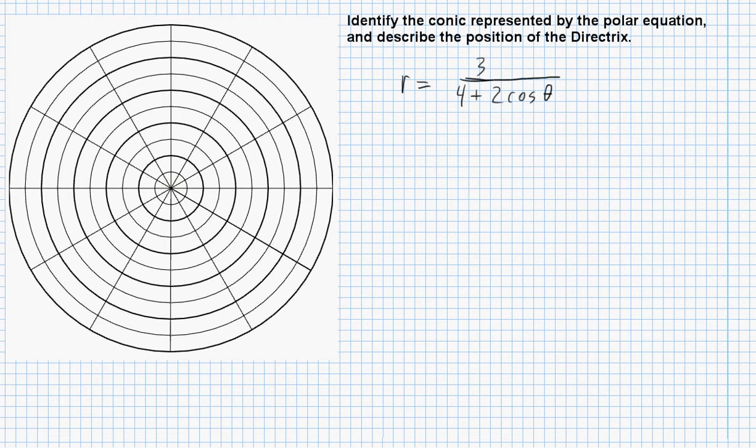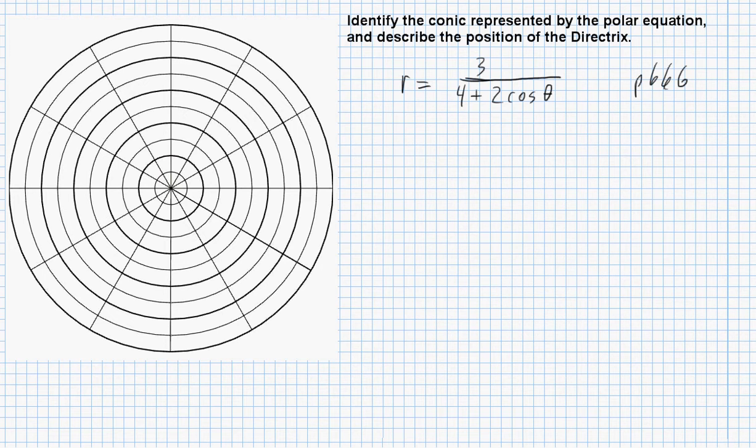Okay, now, if you look on page 666, there are 4 different variations that this polar conic equation can come in, depending on whether it's oriented vertically or horizontally, or depending on the position of the directrix. This equation, though, can represent any of the 3 kinds of conics that we deal with.